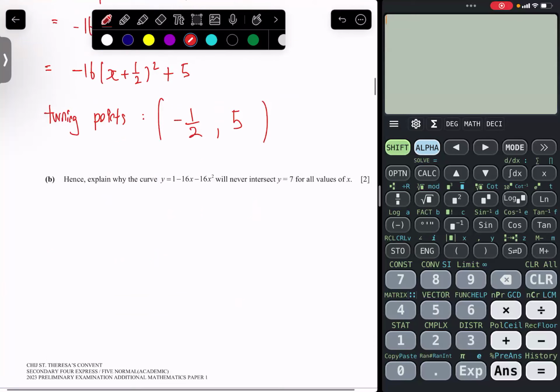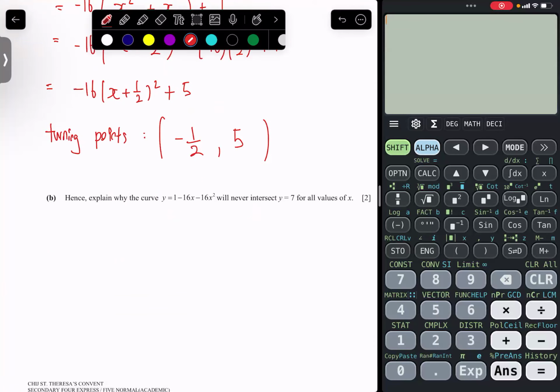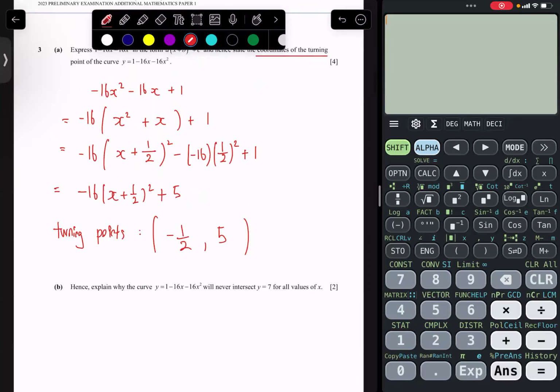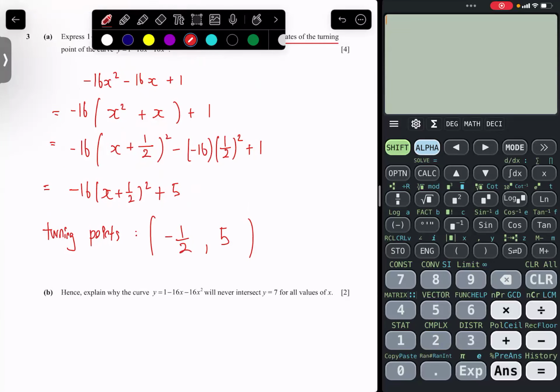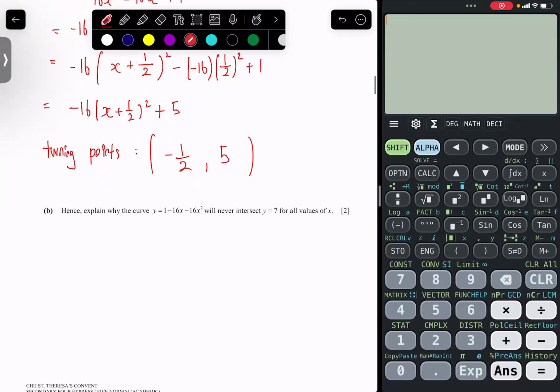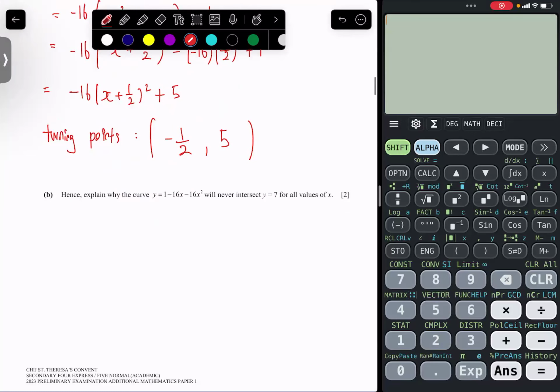Explain why the curve will never intersect y equals 7. Okay, so that's pretty common sense after you complete the square. When you look at the completed square form, you'll know that y equals 1 minus 16x minus 16x squared is a maximum point graph.